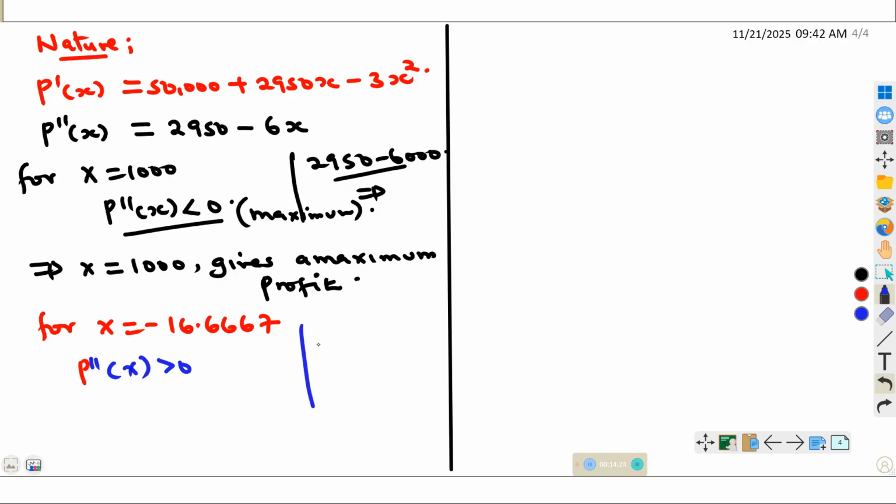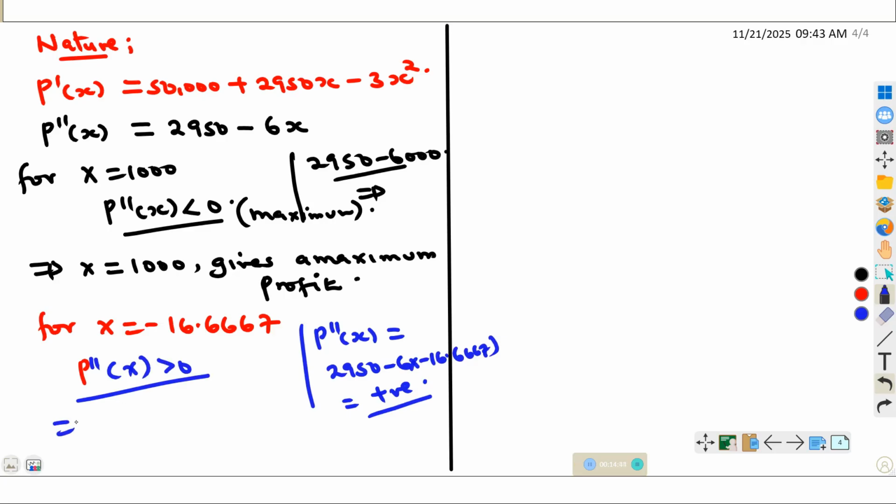In other words, your p''(x) will be the same as having 2,950 minus 6 times negative 16.6667, and this value will be a positive value. This means p''(x) will be greater than 0, and this implies that x equal to negative 16.6667 gives a minimum profit.